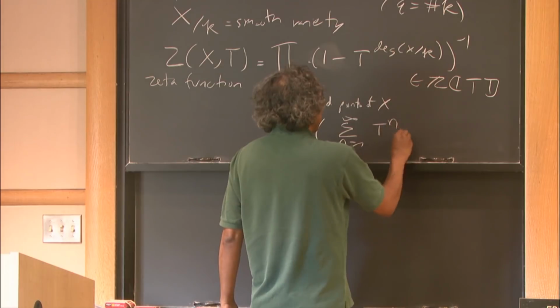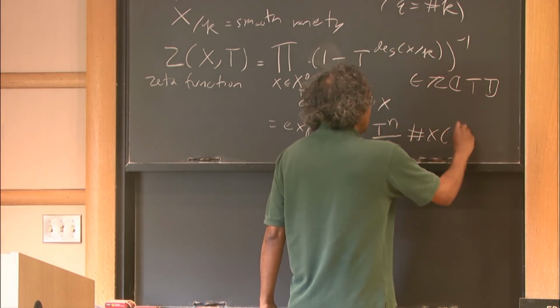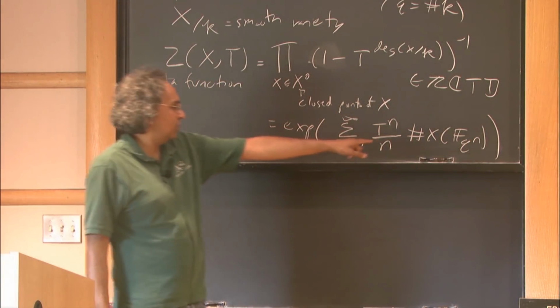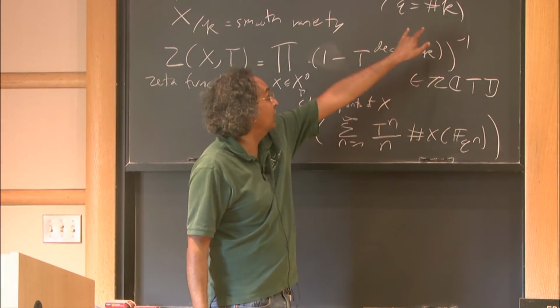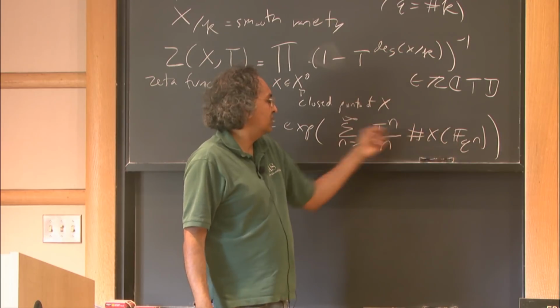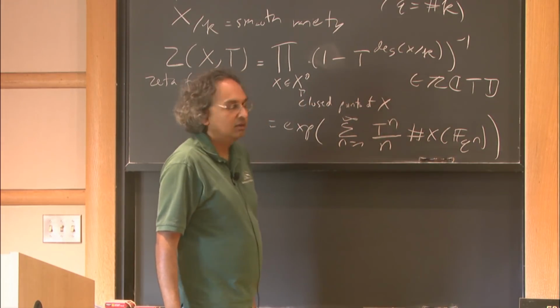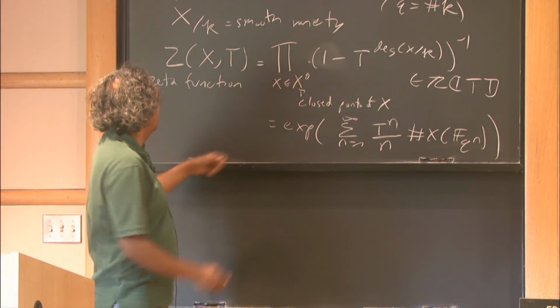You use this other expression, which is not a priori integral, but is a little bit easier to do computations with. So if you count the number of points on X with values in every possible finite extension of K, then if you put these into a generating series in the right way, it will give you back this expression. So this is an easy exercise to compare these two things.